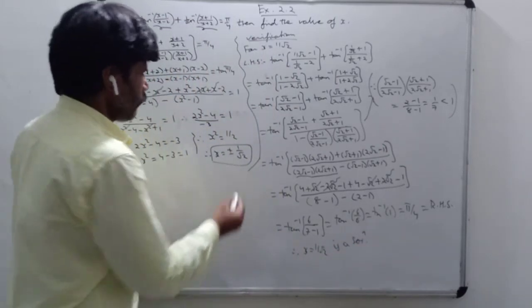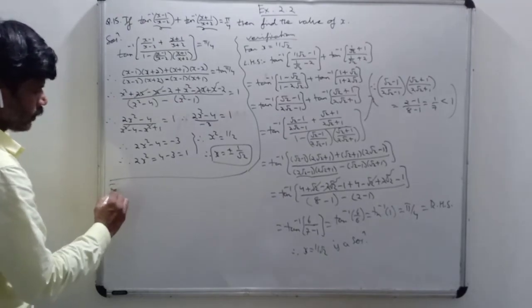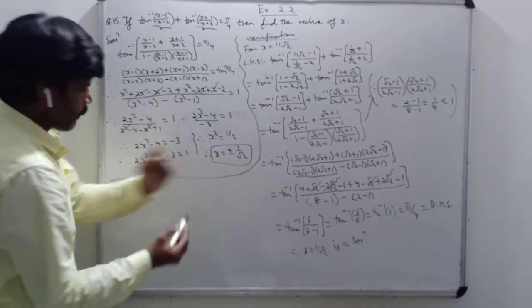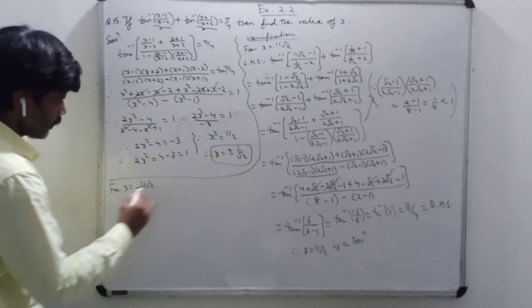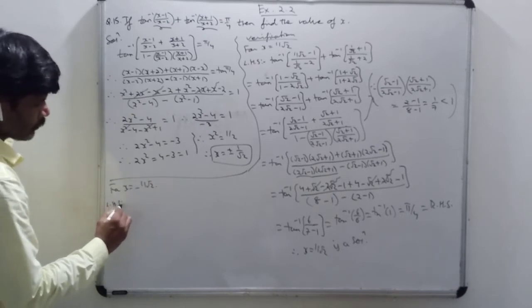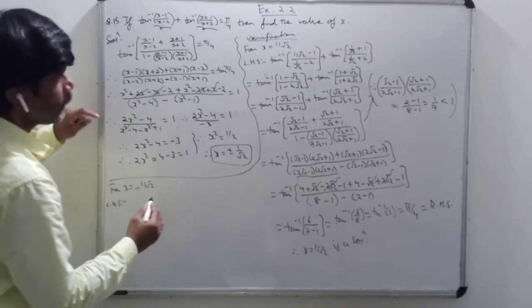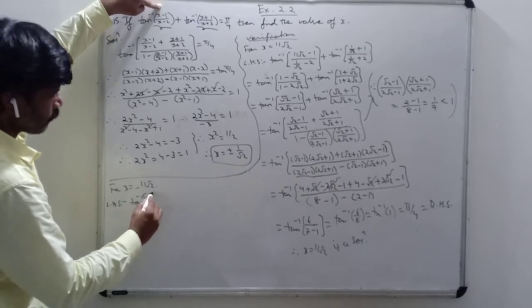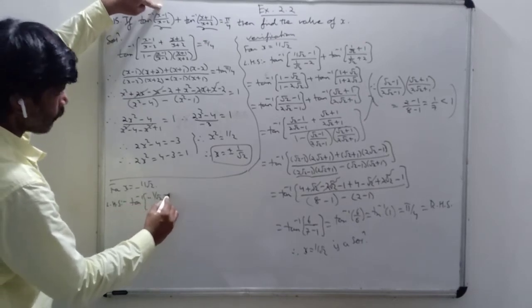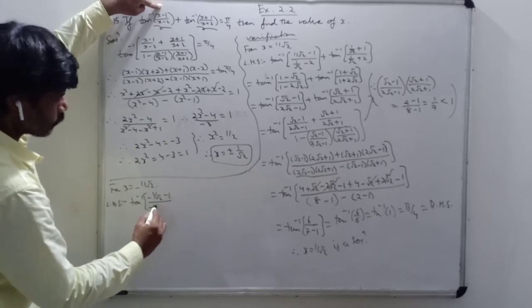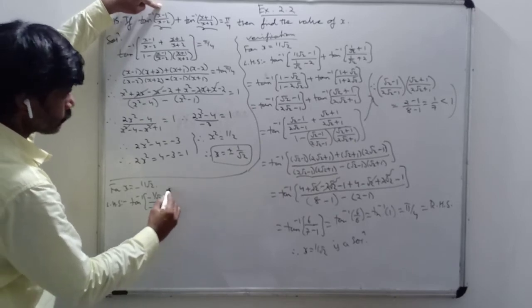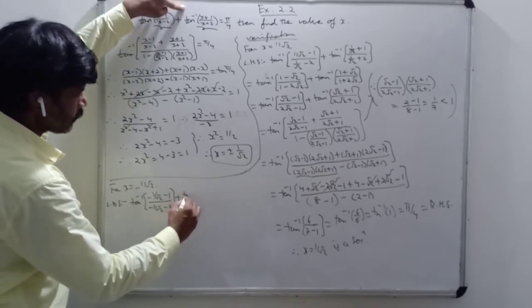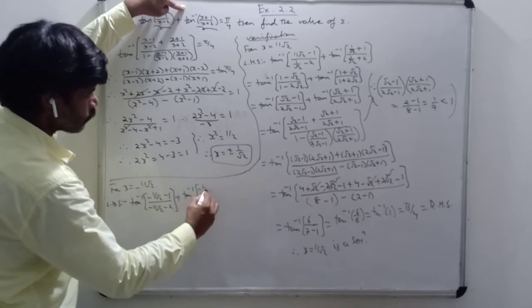Now for the second value, x is equal to minus 1 by root 2. Again you start with LHS. What is LHS? Tan inverse of x minus 1 upon x minus 2 plus tan inverse of x plus 1 upon x plus 2. X means minus 1 by root 2.